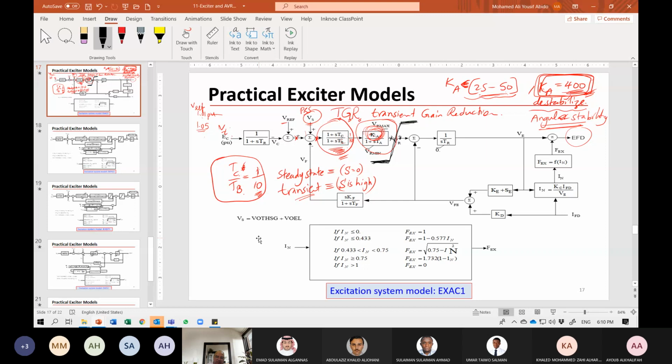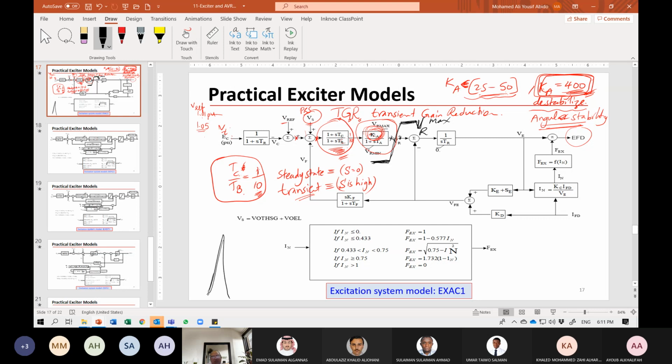So in steady state, the VR maximum and minimum will control the Ka, and in the transient state, the TGR will control the Ka. Is it like this? No, usually this VR max and VR minimum is set. This is VR max. If you have any sudden change which is not genuine, for example measurement noise, anything like that, you limit the voltage here, instead of having an overshoot.